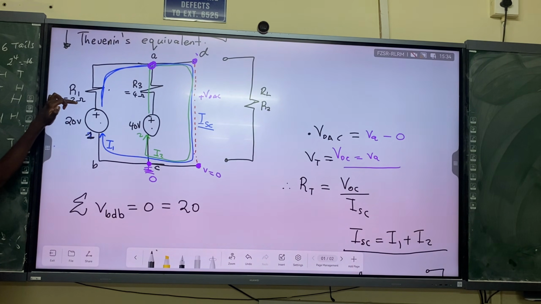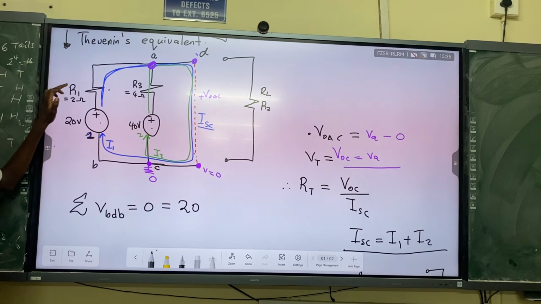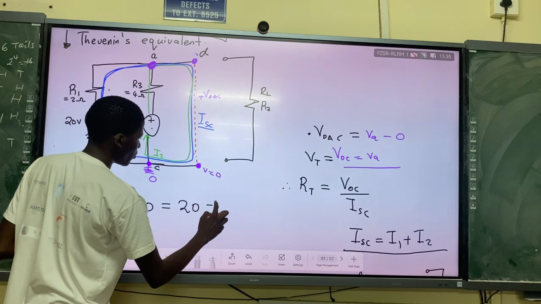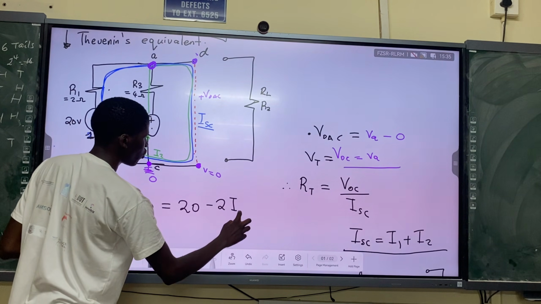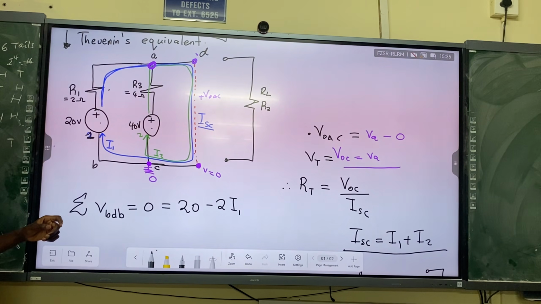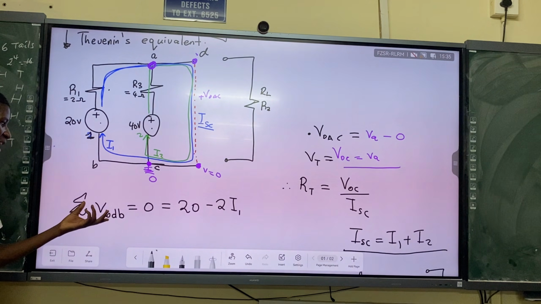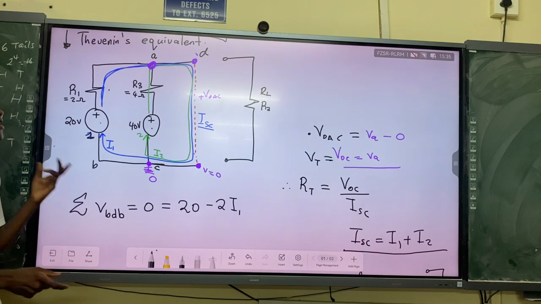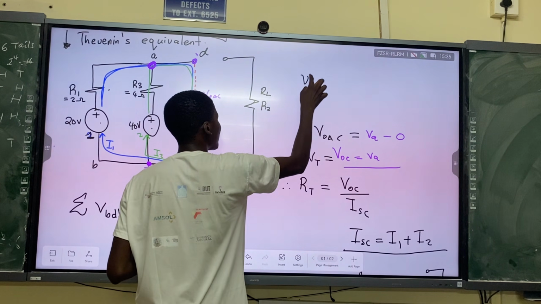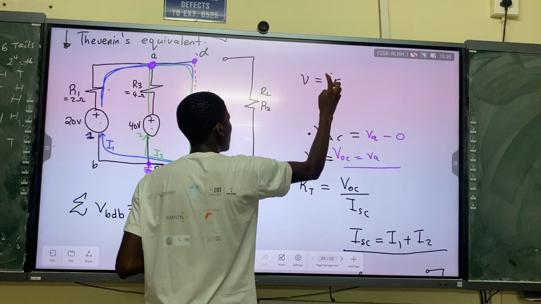How can you find its voltage? It will be 2I, so this will be minus 2I1. Because remember guys, here we have a resistance. In Kirchhoff's voltage law, we are adding voltages. And how does the voltage relate with the resistance? V is equal to IR.